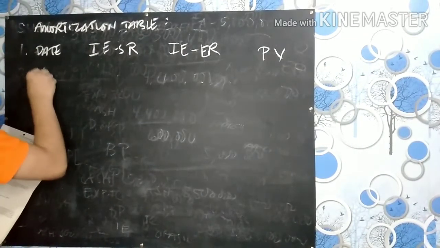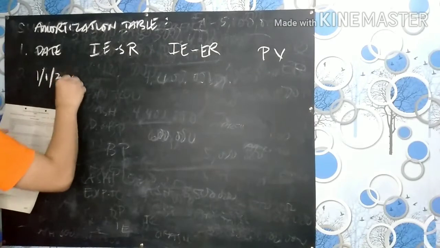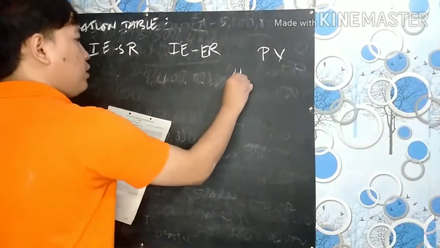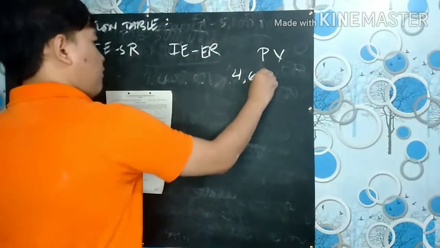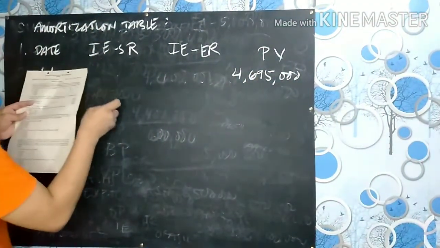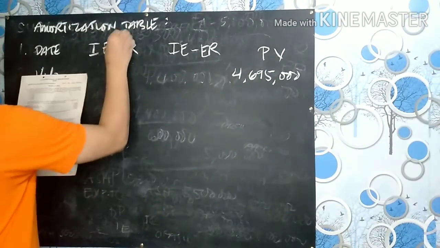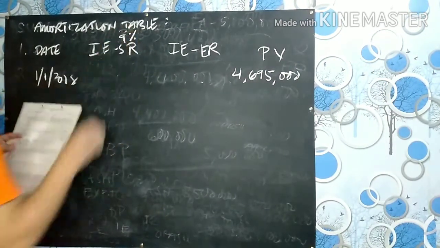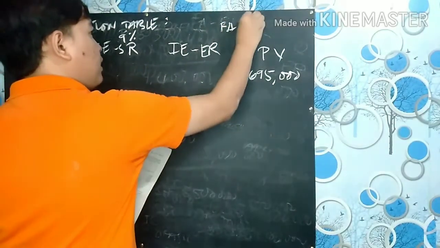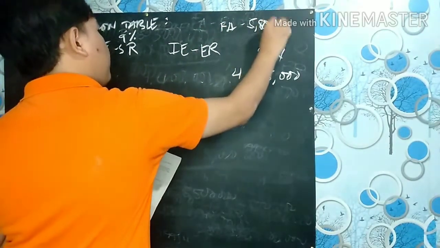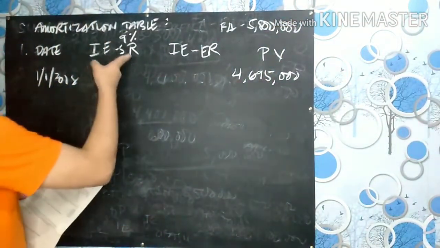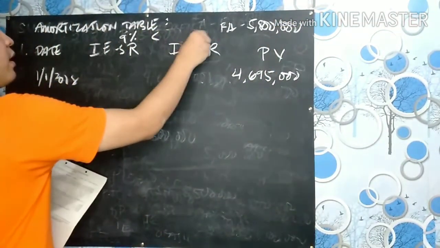Okay, what is the date? Nung issuance ng 2018, ang present value natin is 4,695,000. Stated rate natin is 9%. Kapag yung face amount natin is 5 million, always remember, at a discount, stated rate must be lower than the effective rate.